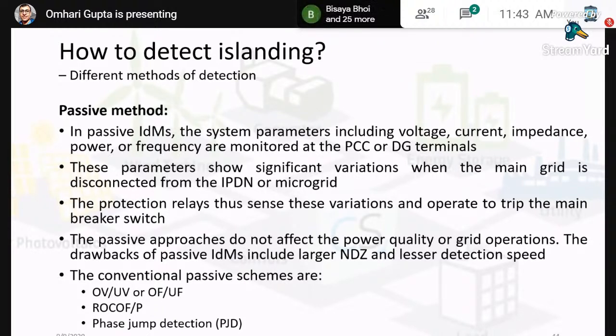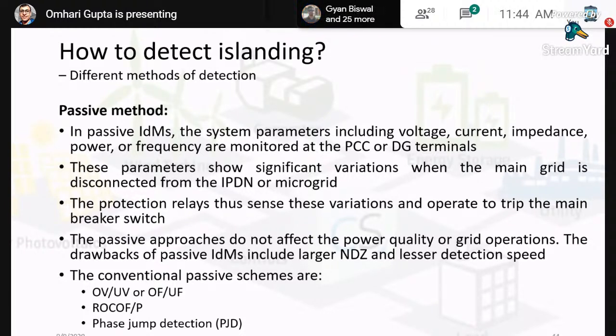That is an advantage. The drawbacks of passive islanding detection methods include larger NDZ. This NDZ is nothing but non-detectable zone, a zone of power mismatch in which you may not be able to detect the islanding condition. Okay, that we will discuss later on as well.